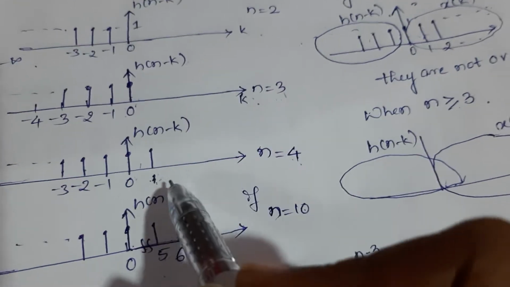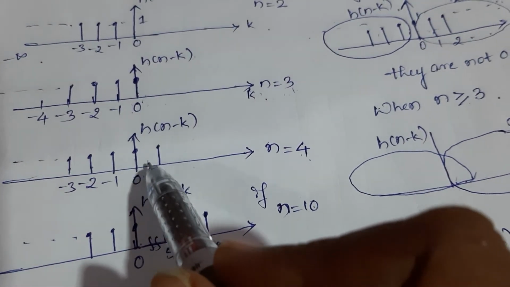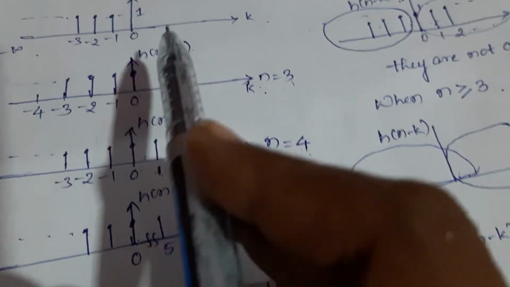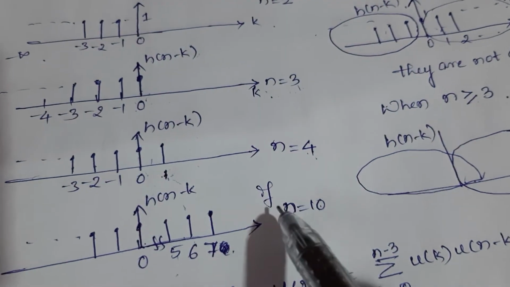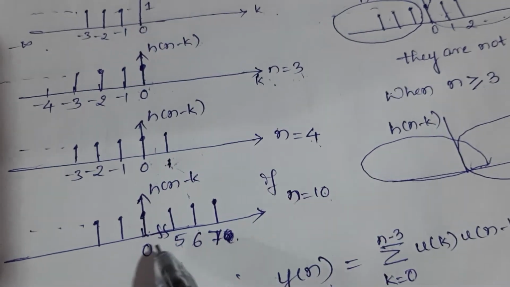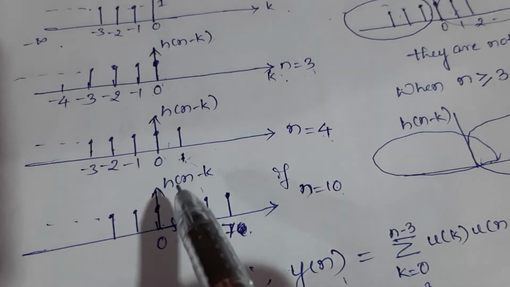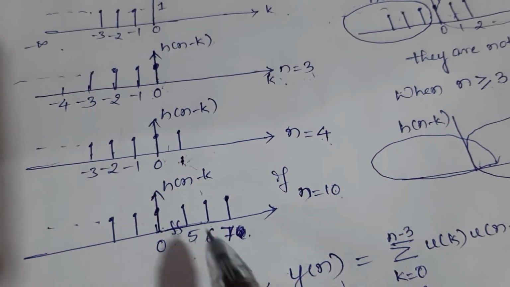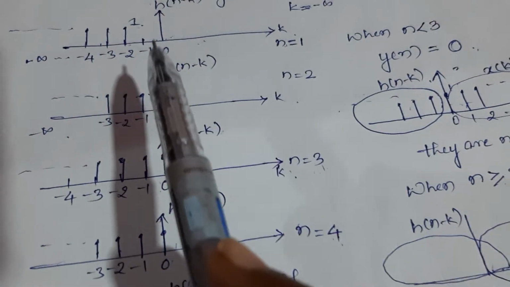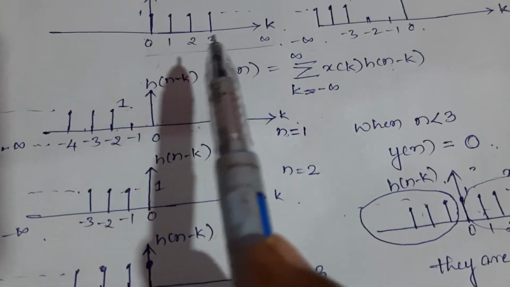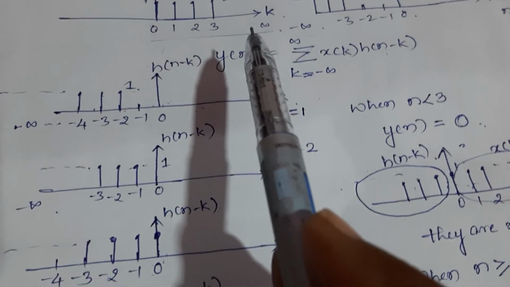For n equal to 4, it is 1, meaning the 0th sample and first sample both get multiplied. If my n is equal to 10, then 0th, first, second and so on up till 7. These all, from 0 to 7, get multiplied with the x of k signal from 0 to 7.